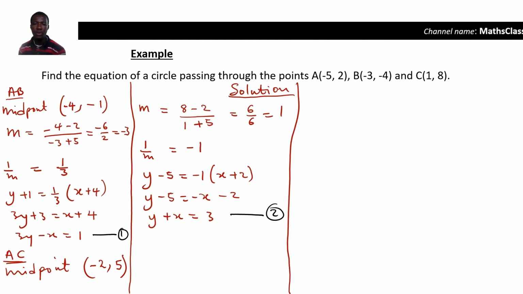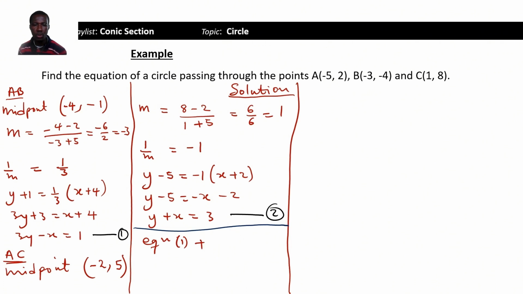And we will label that as our equation 2. Now we take equation 1 and equation 2 and solve them simultaneously. So equation 1, I'm adding it to equation 2.